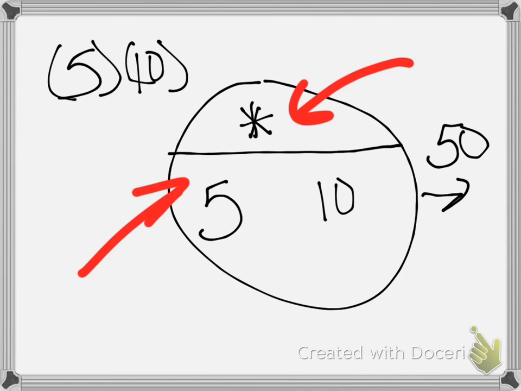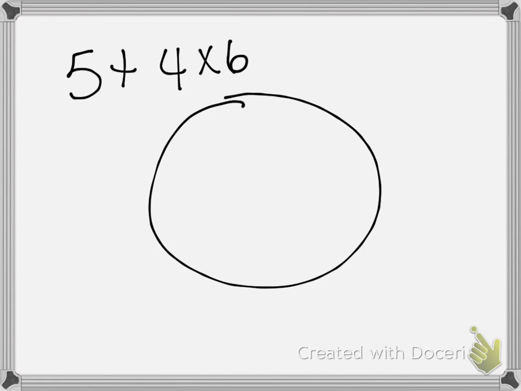So what if it gets more complicated? Suppose you have a situation like this. You have 5 plus 4 times 6. Well, you've got to deal with your order of operations. Well, here's where you do that. First of all, you have your big circle, and your big do what is to add 5.